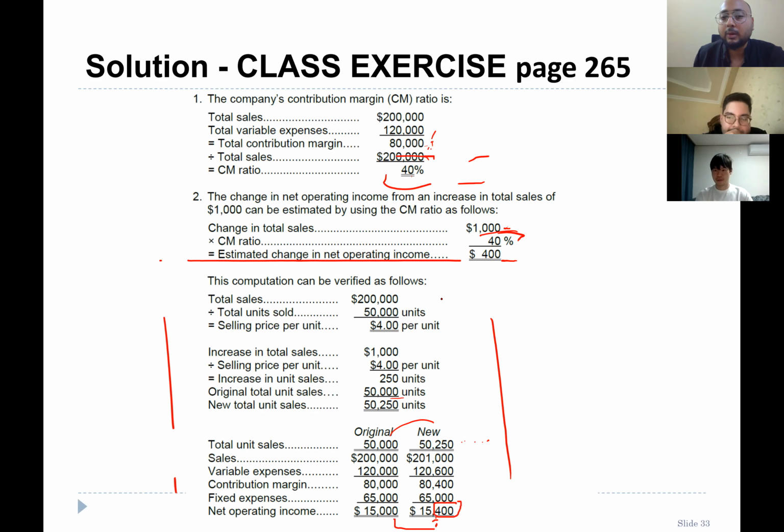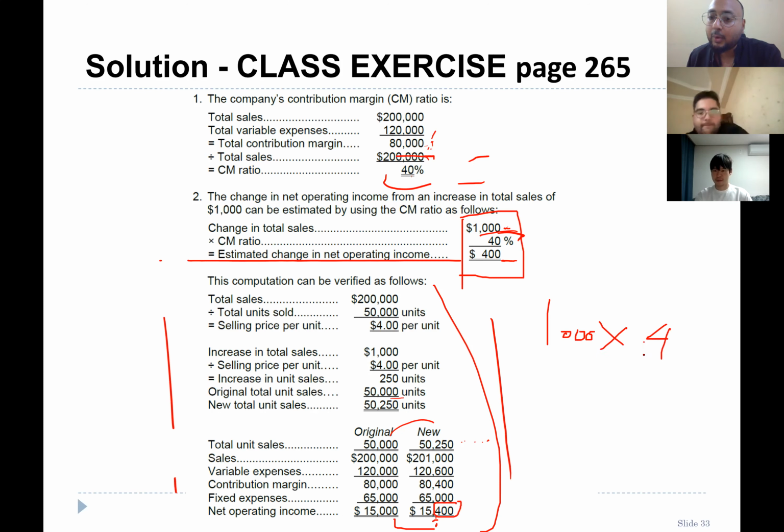So why calculate all this verification when you have a simple verification trick in your hand, that is the increase in sales, from 200,000 to 201,000, which is 1,000, multiplied by 0.4? The answer would be 400. Right, Subhan and Junpyo? Now you understand that? Yes, sir. Well done. Let's move forward.